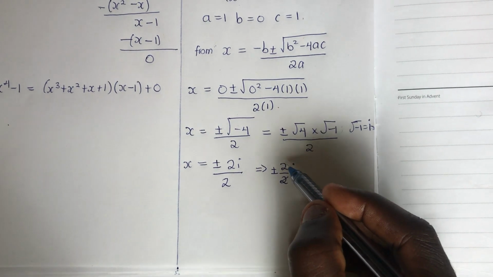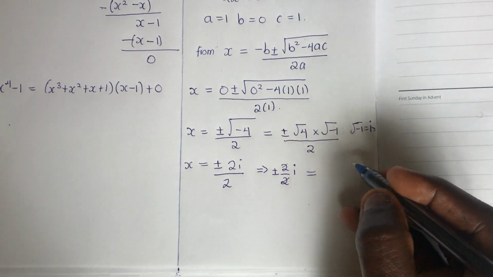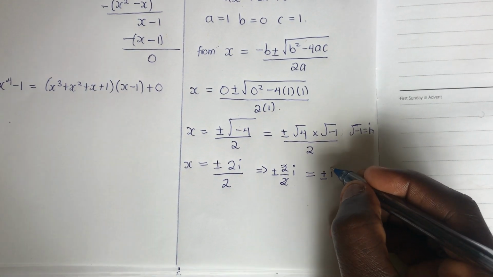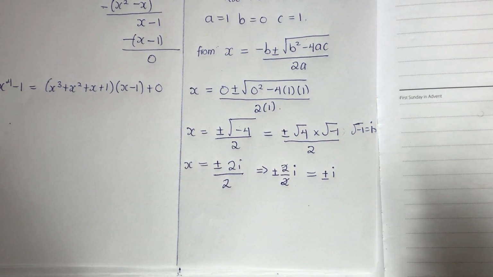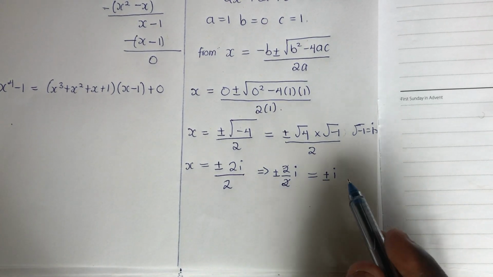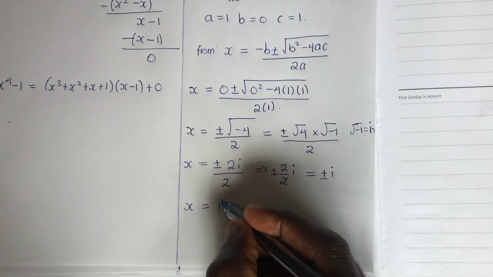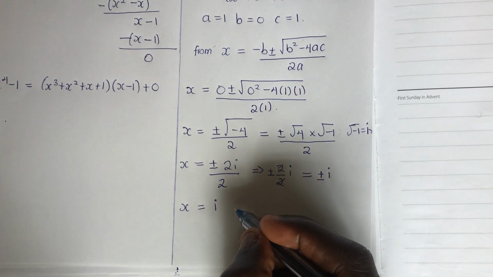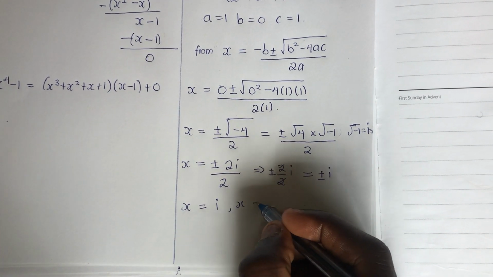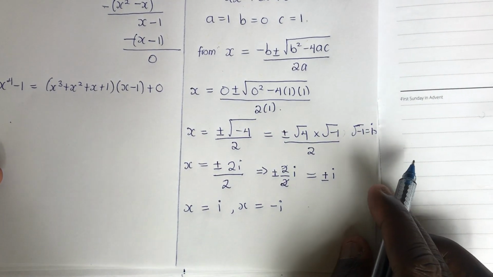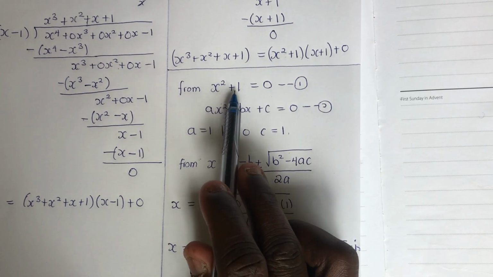Now 2 into this one will give us 1. So the result is 1 plus or minus i. So 1i is the same as i. So therefore we are getting 2 roots. x is equal to i, and then x is equal to negative i. Now these are the 2 roots of x squared plus 1.